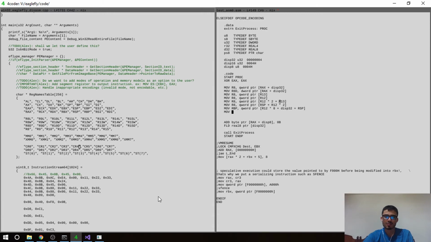I'm gonna say move RBX, core pointer, and here it's gonna be, let's start with the base. Okay, no base, so I want the mod to represent no base.